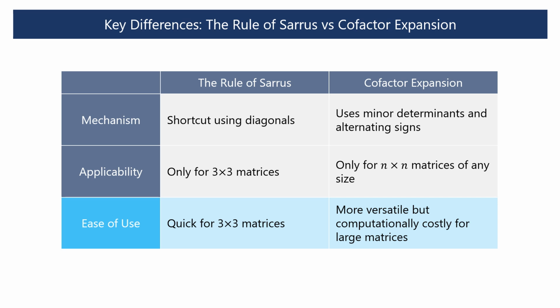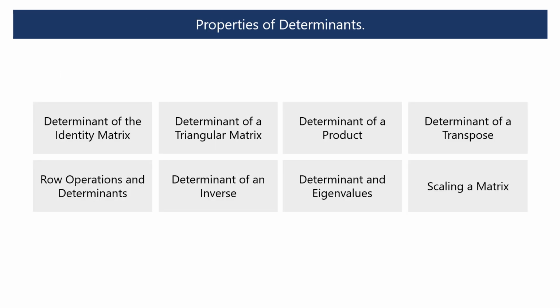In sum, while both can be used for 3x3 matrices, the rule of Sarrus is a shortcut specific to that case, while cofactor expansion is a more general and versatile approach. Determinants have several important properties that are useful for calculations and understanding the nature of linear transformations. In the following, each of these properties will be explained one by one.